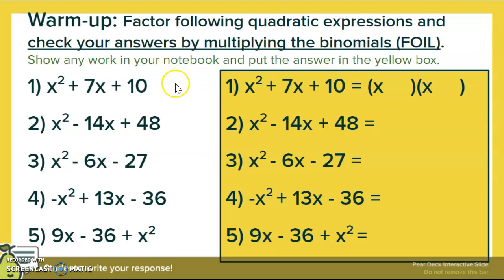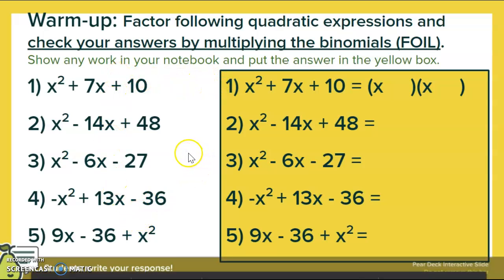Factor the following quadratic expressions and check your answers by multiplying the binomials using the FOIL method. Okay, so there are 5 questions, and this is a PADEC exercise, and you are entering your answers in this form, in the yellow box form.